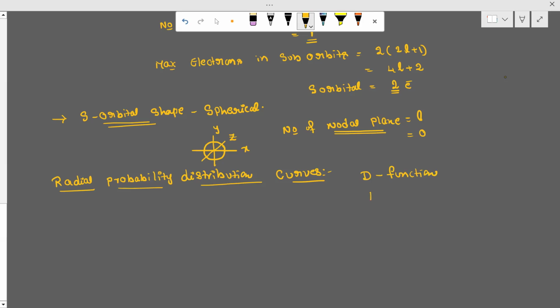The D function is 4 pi r square dr psi square.